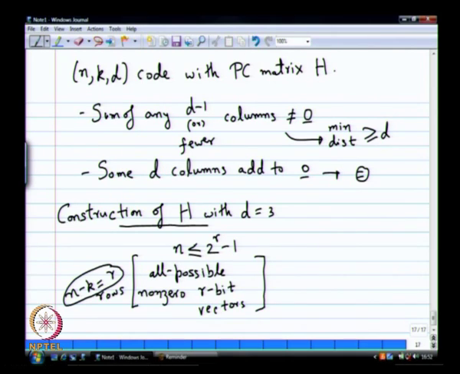If I put n equals 2 power r minus 1, I can definitely argue that k is equal to n minus r. How will I argue that? I am putting all possible r bit vectors.